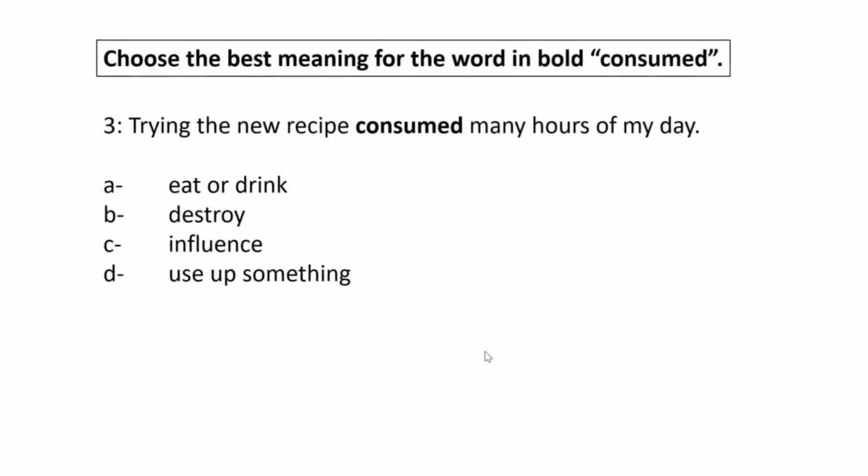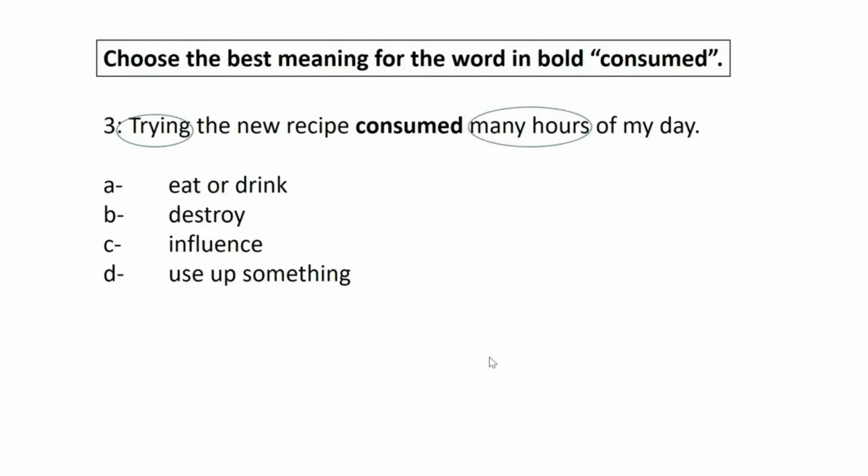Choose the best meaning for the word in bold, consumed. Trying the new recipe consumed many hours of my day. So we have to choose from A, B, C, and D that we have here and see which one is closest to the meaning of consumed. Okay, so we have trying, so it has to be connected to this. I think this is a key word. And also many hours.